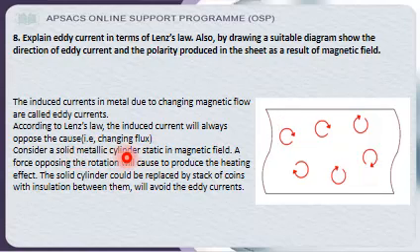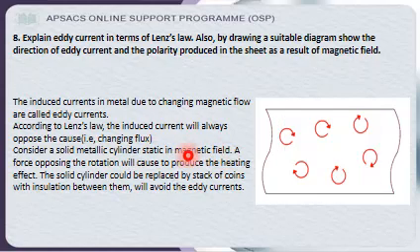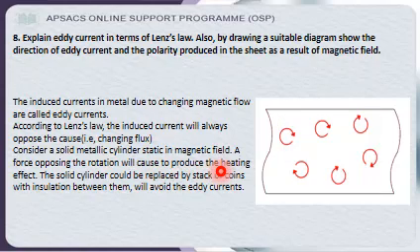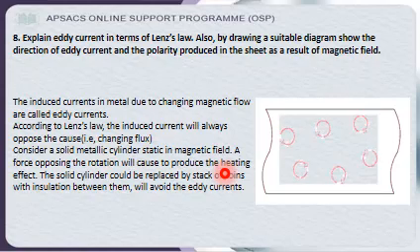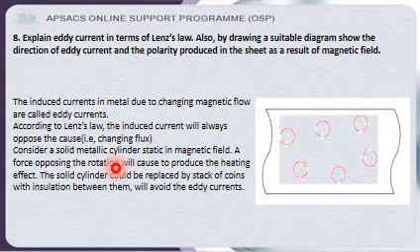So how can we reduce the heating effect? The solid cylinder could be replaced by a stack of coins with insulation layers between them that will avoid the eddy currents, because these heating effects are the negative impacts or disadvantages of eddy currents.